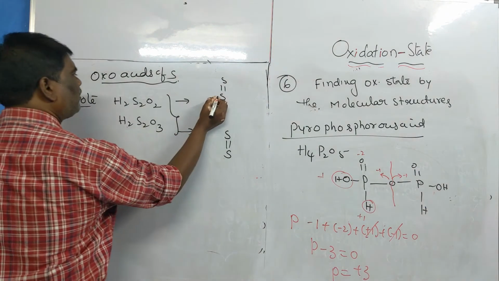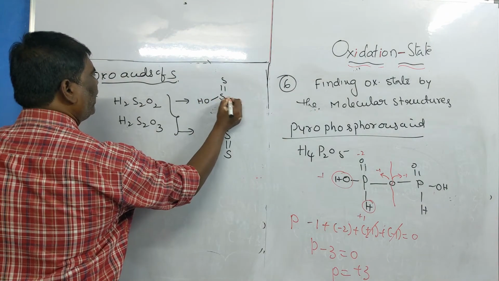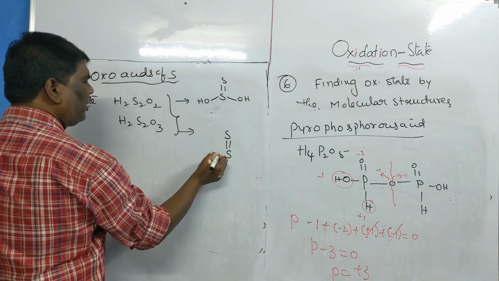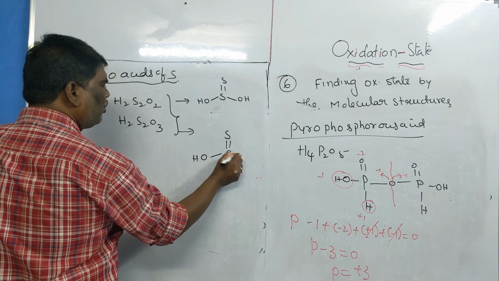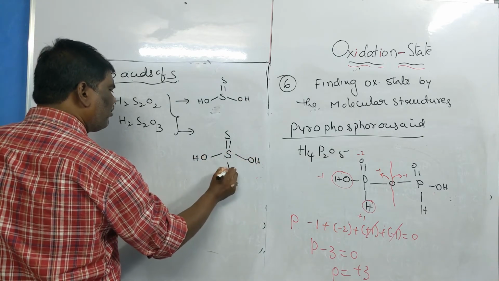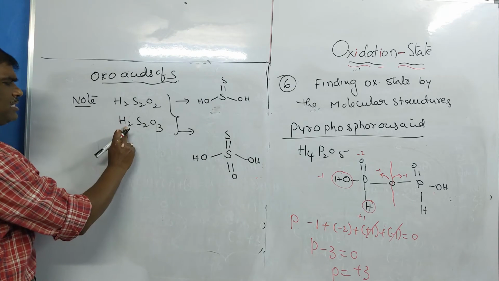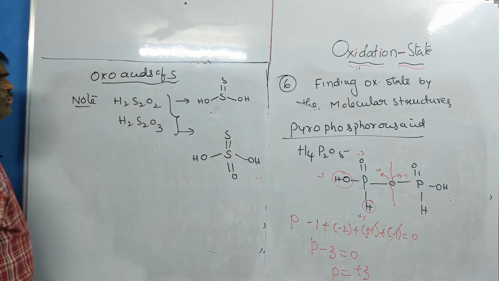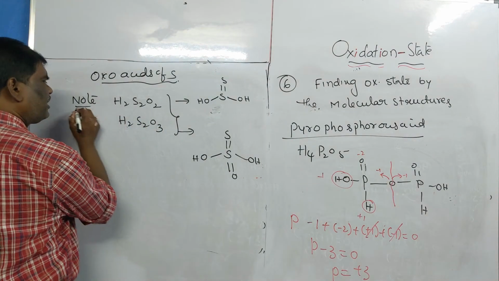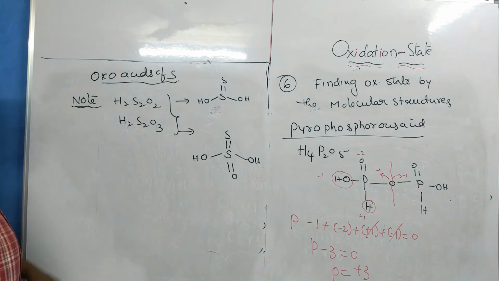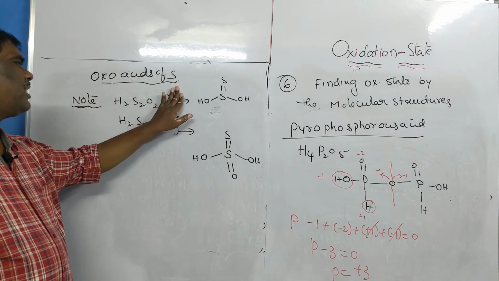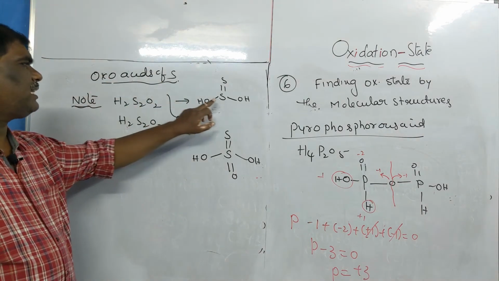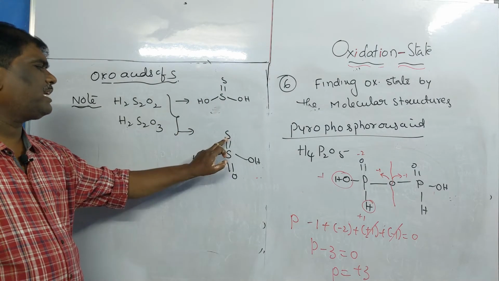Now, how many possible OH groups are there? One OH group and one OH group. Here, one OH group, one OH group, and one more oxygen is also there because this is H2S2O3. Now, we have to remember this one. Thus, we say in oxo acids of sulfur, in these two acids there is S double bond S linkage.